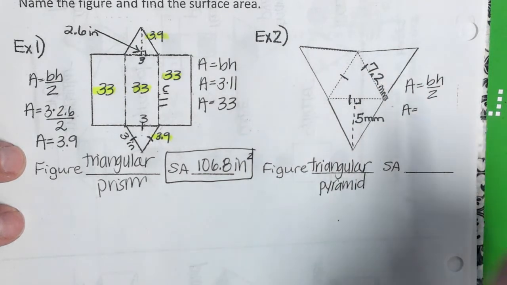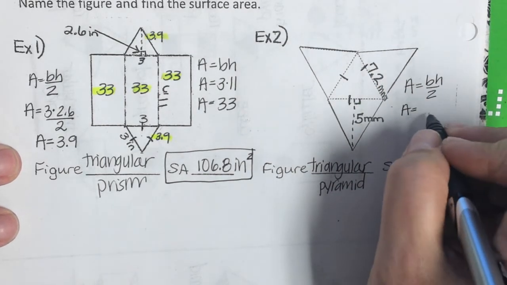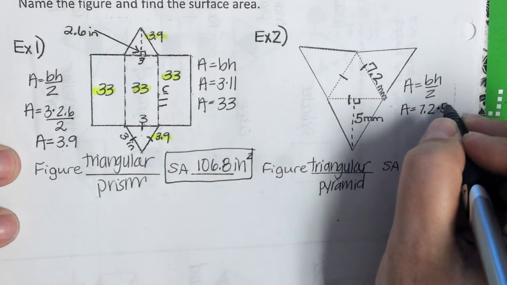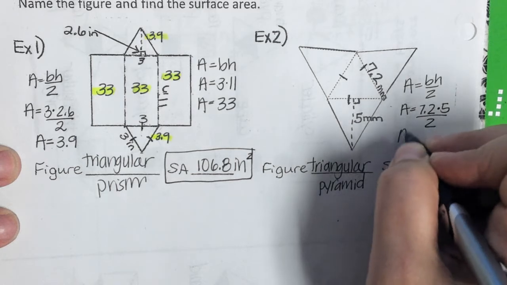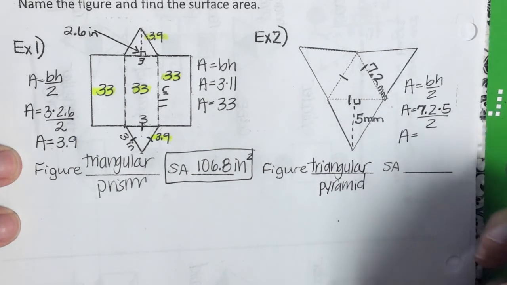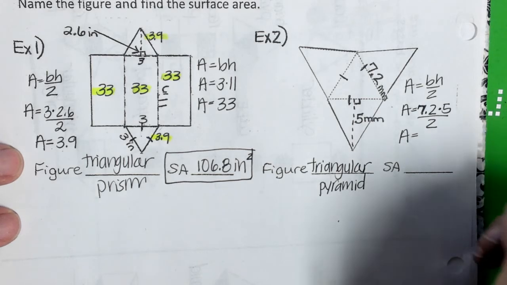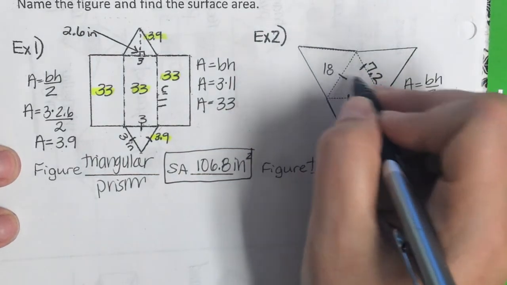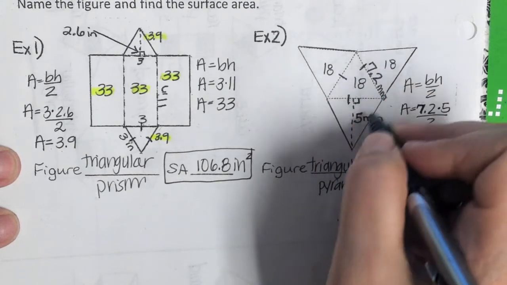1, 2, 3, 4. So my base is 7.2. My height is 5. All of that divided by 2. What'd you get? 18? Yep. So now that means each of these triangles is 18.